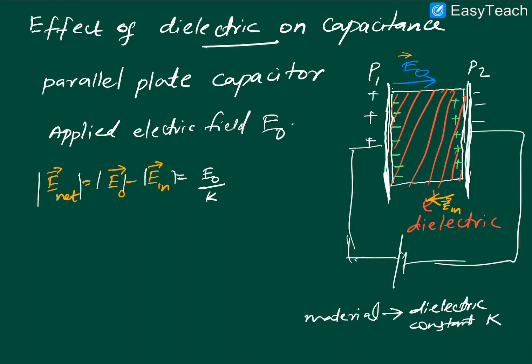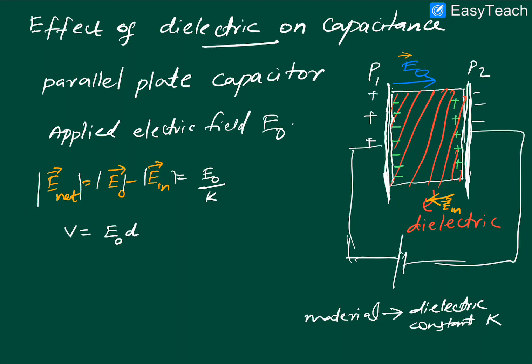Now this will be the electric field in between the plates, E0 by K. Now you know the relationship between potential and electric field. Potential is equal to electric field into separation. Let it be D, separation between the plates.